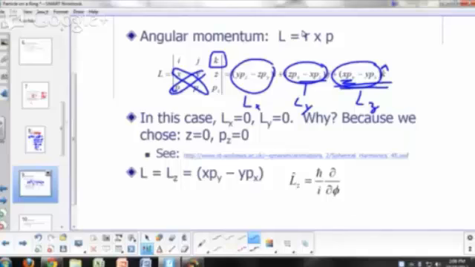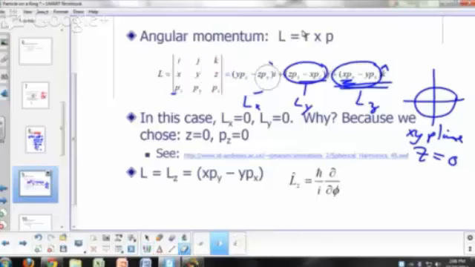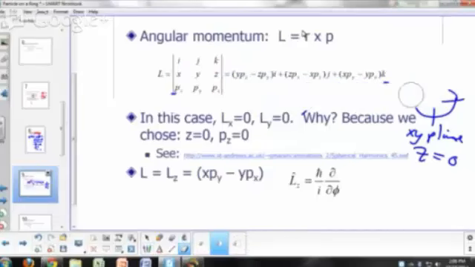Now, in the particular case we're looking at here, we're restricting ourselves to a particle that's on the xy plane. If it's on the xy plane, what's the value of z? z is 0 on the xy plane, right? And the component of the momentum along the z-axis, p sub z?